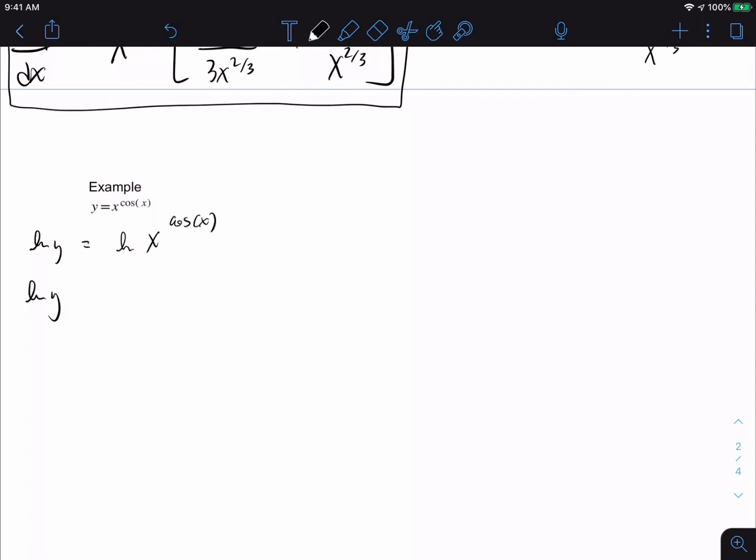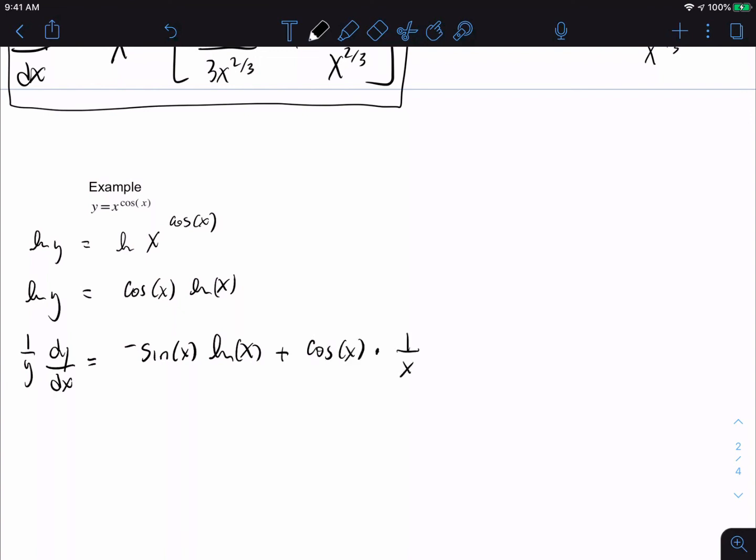Now before I take the derivative, I need to do this. And now I see there's a product there, correct? So when I do the derivative implicitly, I get this. The derivative of cosine is a negative sine of x, ln of x, plus cosine of x times 1 over x. Are we okay with that?